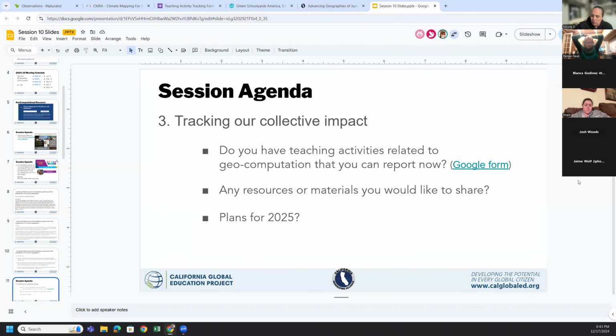So the Google form is one way to tell this story. The other thing is sharing resources or materials that you think other teachers would find useful. For example, Nicole did this by loading up some slide sets that she had developed that other teachers could use to do instruction using the geo inquiries or to get students started doing story maps.